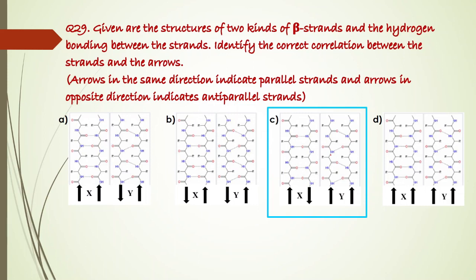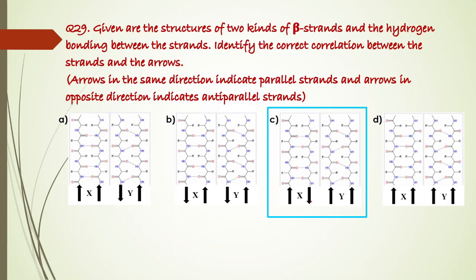So we just discussed in the last session that lateral hydrogen bonds and the same interaction between two residues means this is an antiparallel one, and antiparallel beta strands are always represented as arrows in two different directions, that is, 180 degrees opposite directions.